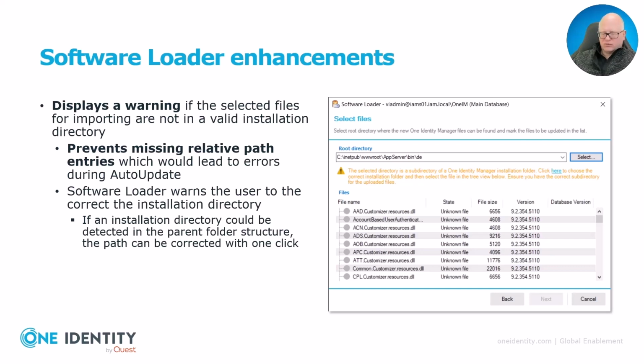You can see here these wonderful yellow error messages. This error message here just lets people know if there is a known file in the wrong base directory, or it's going to get stored into the wrong base directory, then the system will tell you that there is something wrong and you might have a second look at it. Again, the solution then will be to put that thing into the right subfolder structure.